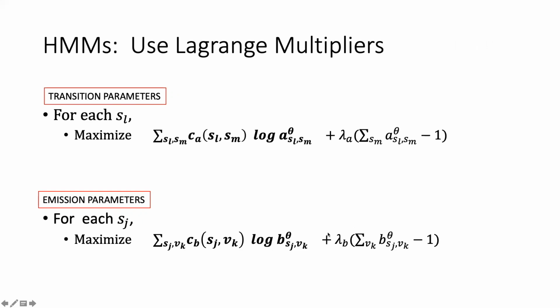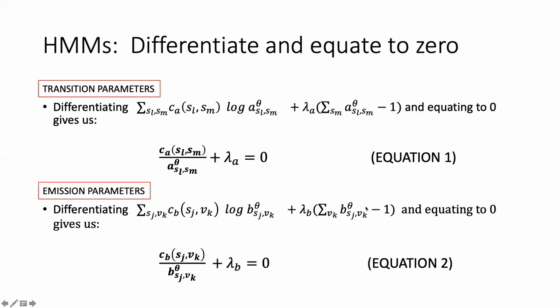So the parameters of A's and B's can be obtained by differentiating and equating these objective functions to 0. In this objective function, we have to differentiate with respect to A(s_l, s_m), which are the transition parameters we are interested in estimating. In this particular summation, there is only one term which will be dependent on A(s_l, s_m).